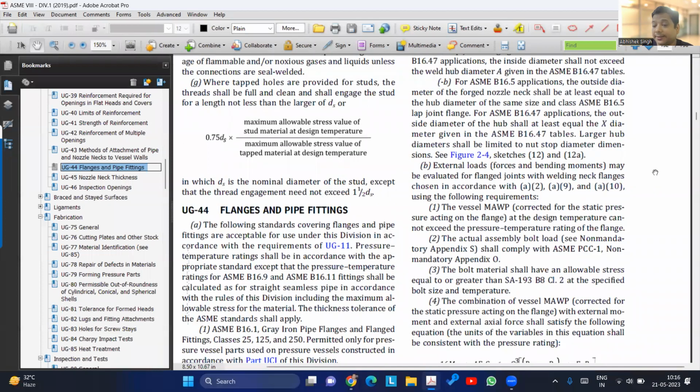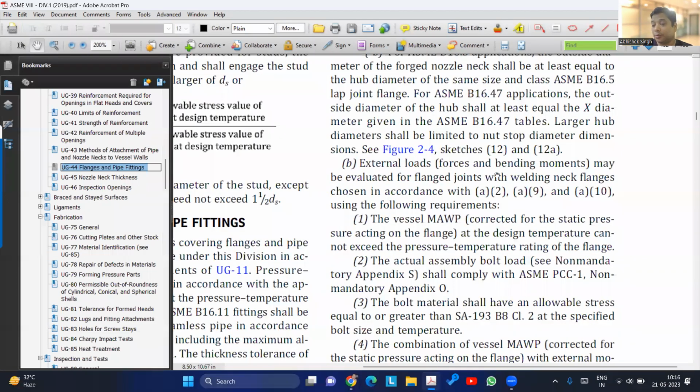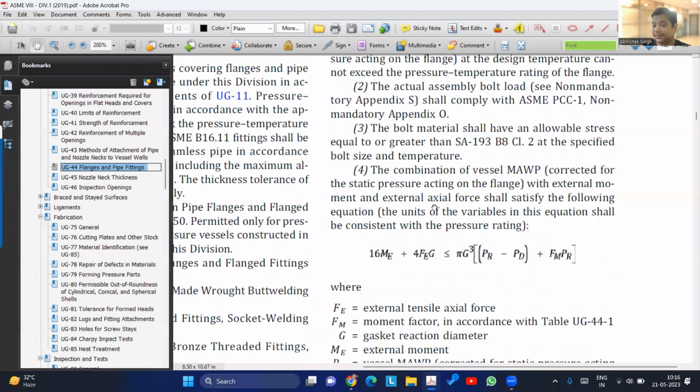If I read here in 44B, external loads may be evaluated for flange joints with welding neck flanges according to this formula, which we use for providing the derating. So this is one of the options. Now let us see, if I have derated, I have performed this calculation and my flange is not getting qualified.